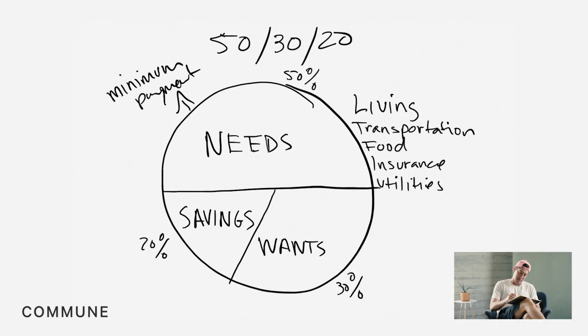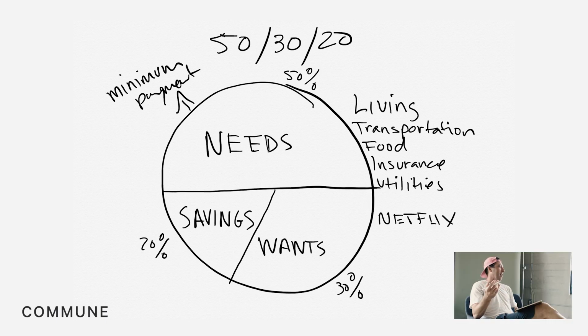That would be a want. So I'll just put Netflix here as an easy go-to. This is stuff like vacations. Vacations are a want, things that we don't really need to do, but we enjoy doing. But it is important. If we're just living off essentials, we're kind of missing out on a lot of the fun stuff that life has to offer. So it is important to allocate money to enjoyment.